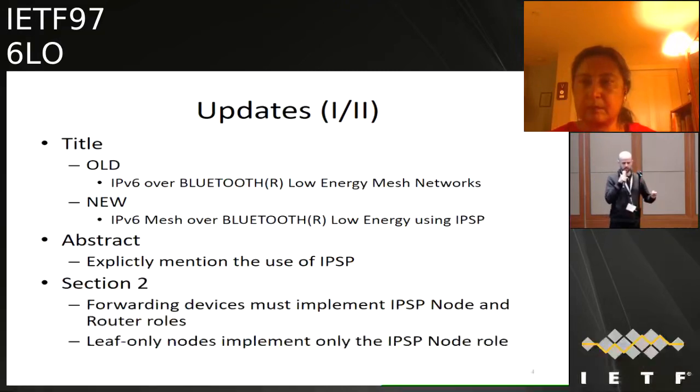A device in the IPSP node role advertises its support of IPv6, while a router is the one which, in addition to routing, would receive these advertisements. Forwarding devices have to support both roles, because if a router wants to establish a link with another router, then it also has to act as a node that announces that it supports IPv6. Next, please.